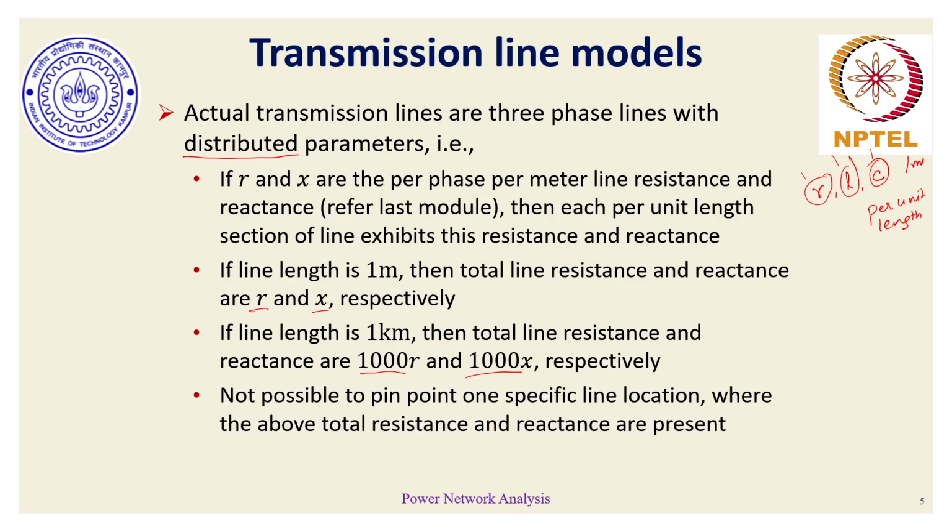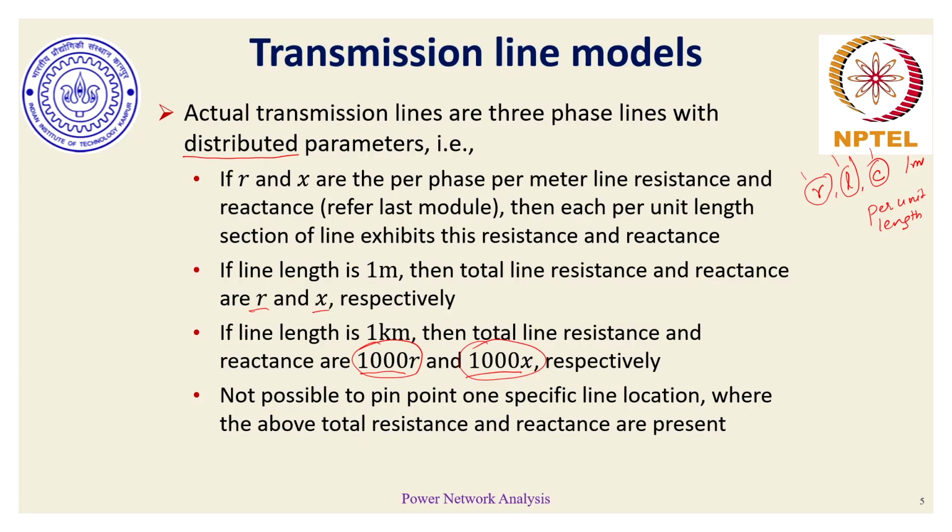Now, given the transmission line, if the question comes that, okay, let me know the precise or specific location where this 1000 R resistance or 1000 X reactance is present in the transmission line, it would be very difficult to exactly pinpoint that specific location.